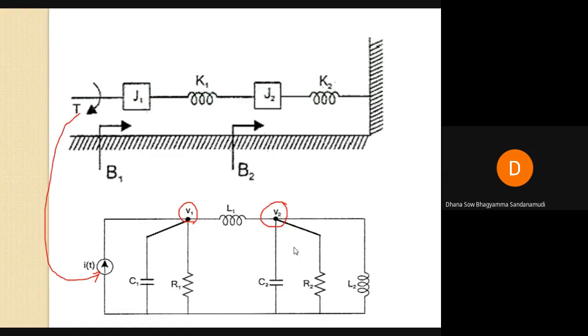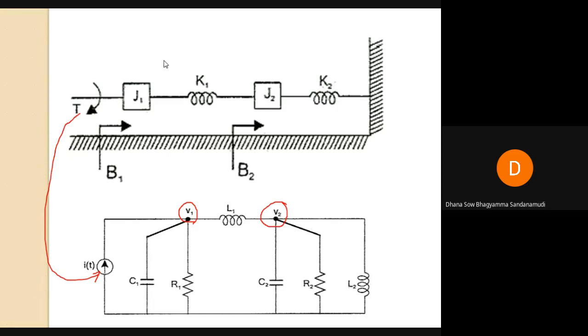After mentioning the node voltages, from the current source, which is analogous to torque, and the capacitor: J is analogous to capacitance, C directly analogous to C, not 1/C. Therefore, C1 is in parallel.